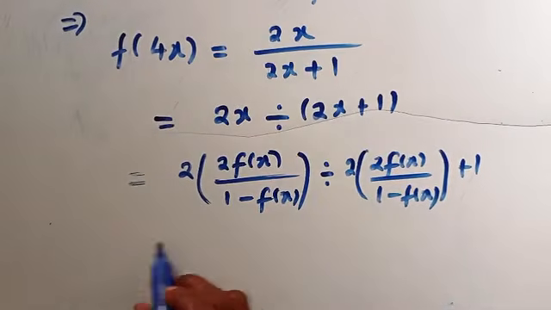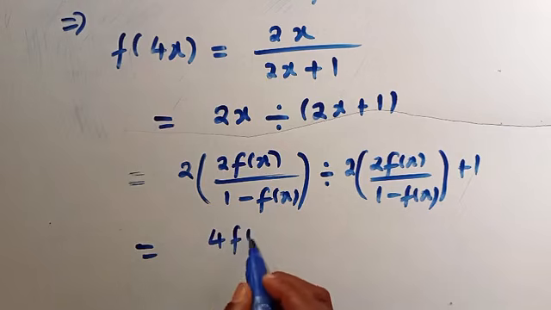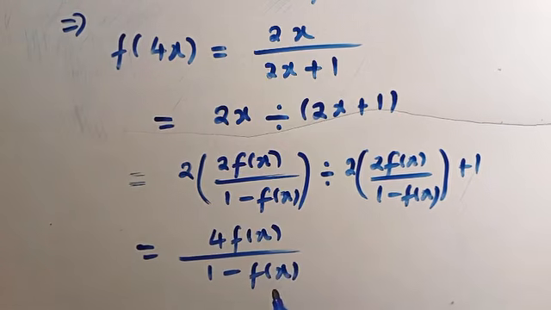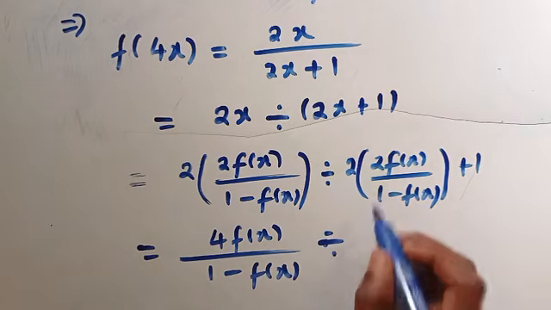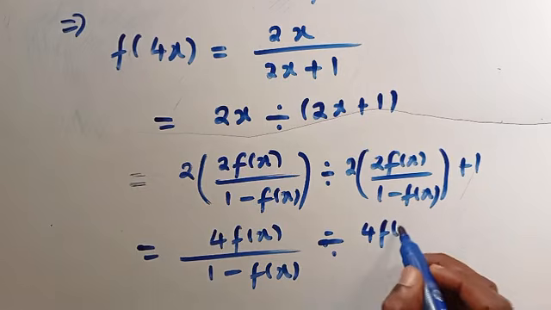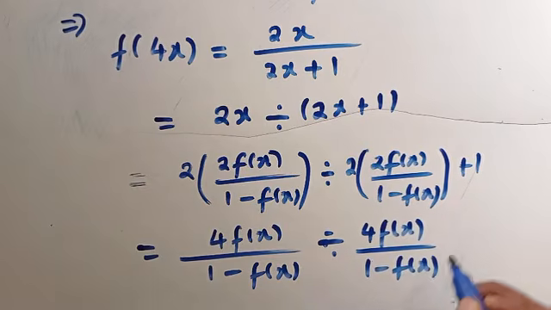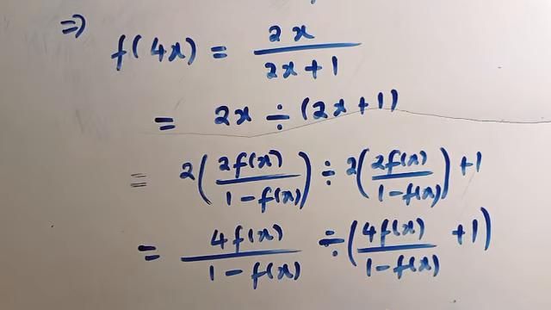So by opening this with 2 times 2, that is 4f of x divided by 1 minus f of x, then divided by, again we have 4f of x divided by 1 minus f of x, then plus 1. So this is in bracket to avoid the misuse of BODMAS.